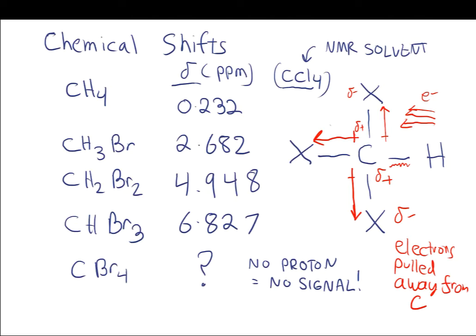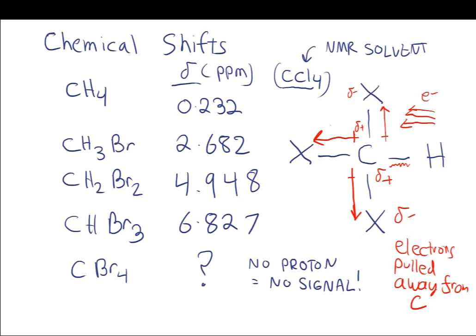So it starts maybe in panic mode. It starts taking electron density from the hydrogen. And so the hydrogen no longer has that electron density that it had before the substituents were put on there. And it basically lost the shielding.